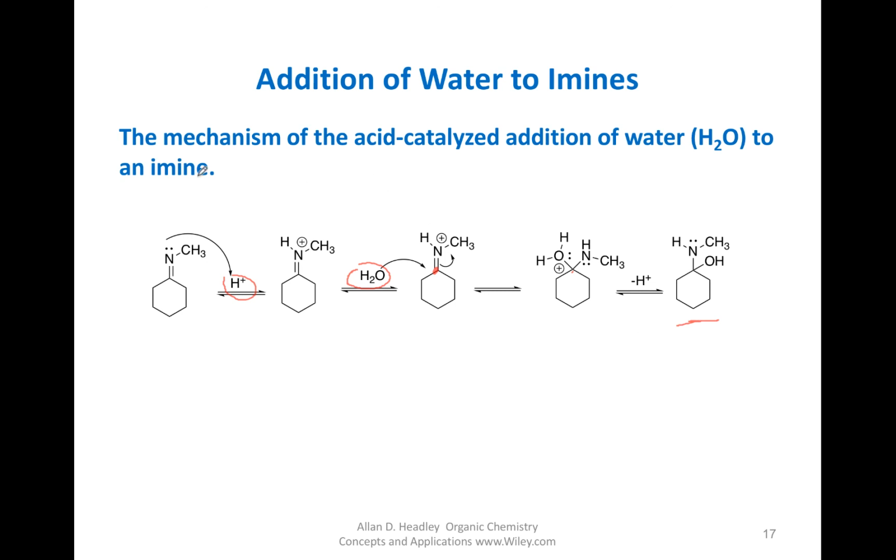So this is the mechanism, where these electrons add to the proton, or the proton adds to these electrons to form this intermediate. Water adds to this to form this, and of course this proton leaves here to form that as the initial product. So that's the mechanism.